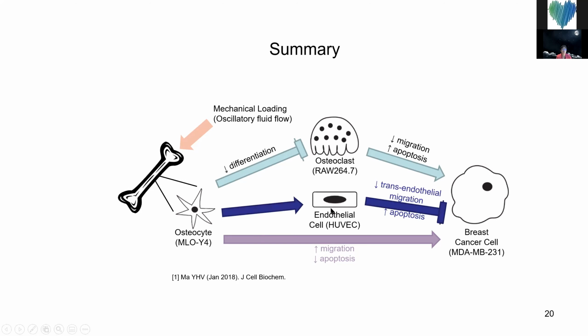And again, if we have endothelial cells living in between and we do the double conditioning study, we show that mechanically challenged osteocytes can promote endothelial-regulated downregulation of transendothelial migration and increase cancer cell apoptosis.